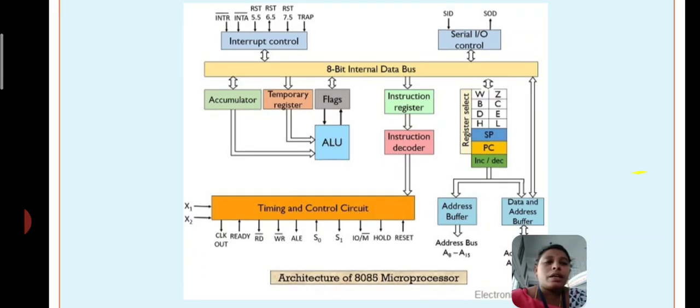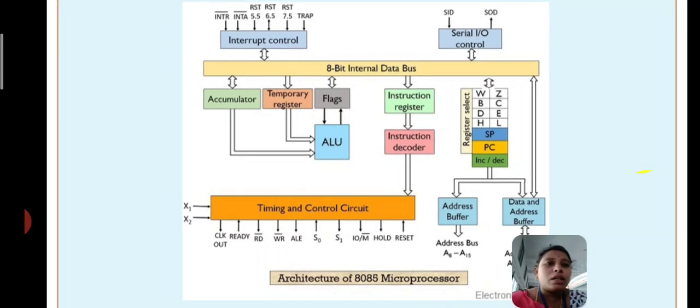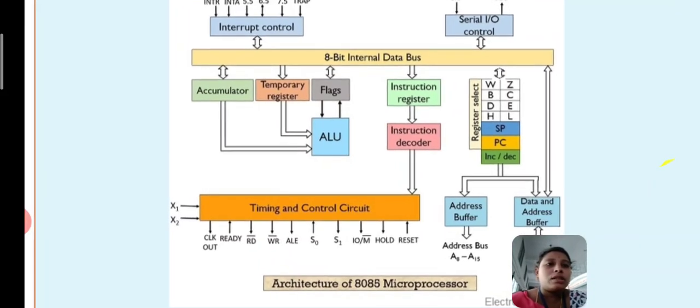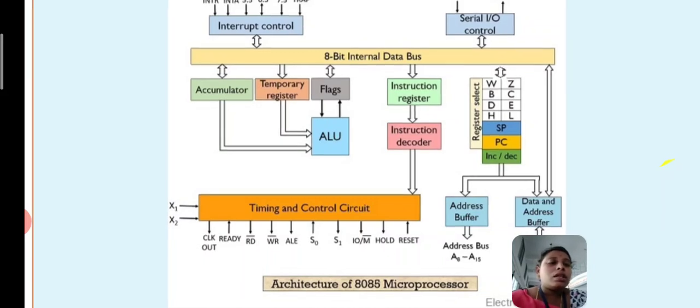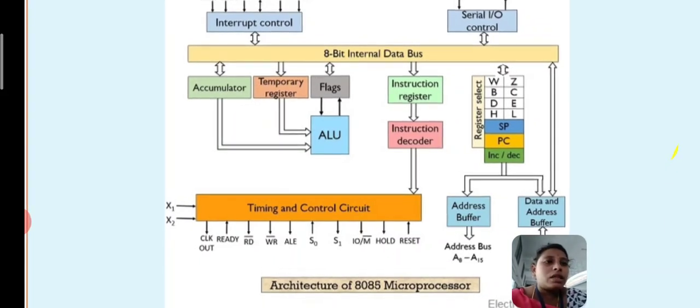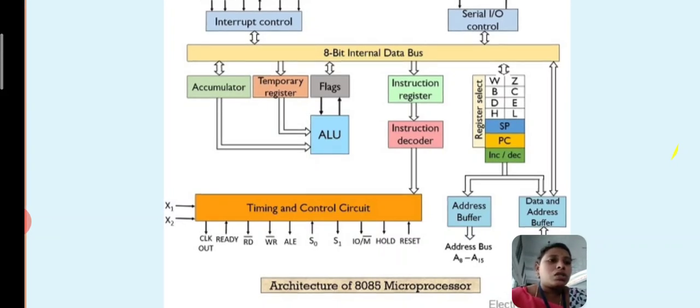It contains interrupt control, serial input or output control, accumulator, temporary registers, flags, instruction register, and instruction decoder. Here there is a register select. It contains W, Z, B, C, D, E, H, L, and SP means stack pointer, PC means program counter, and increment or decrement.